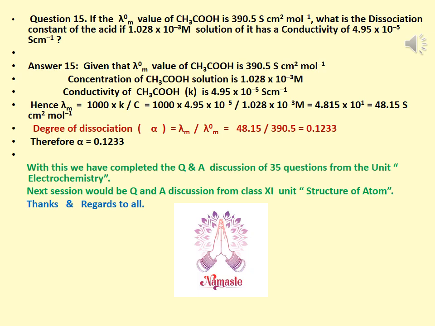What is 48.15 Siemens centimeter square per mole? Lambda m. Therefore, degree of dissociation alpha is equal to lambda m by lambda naught m.